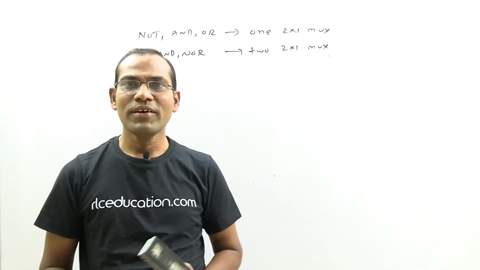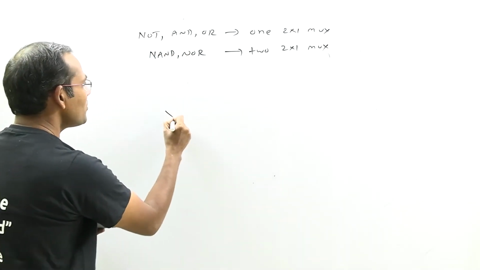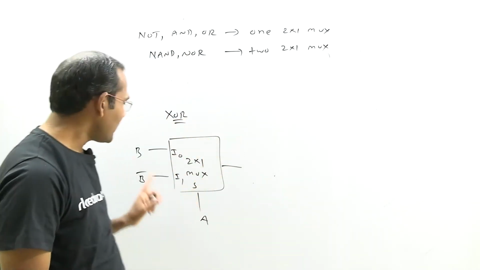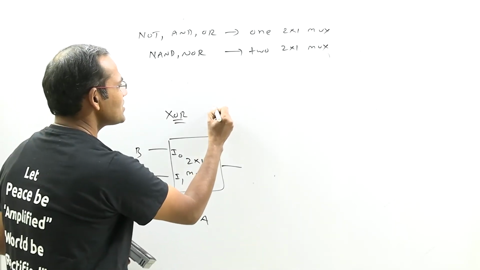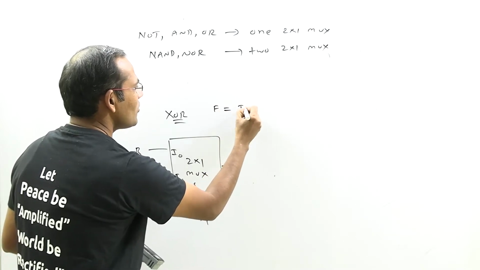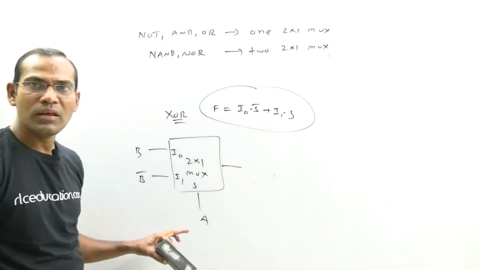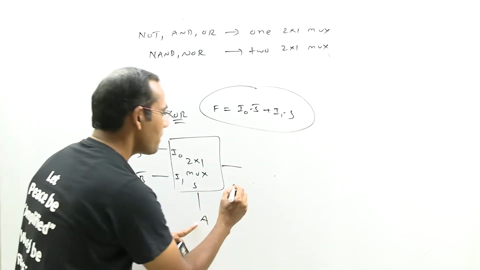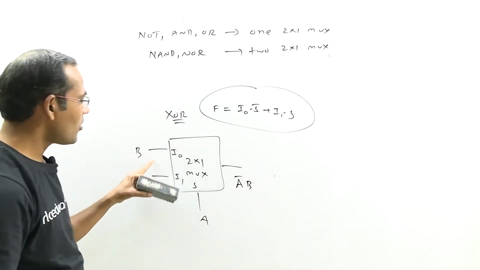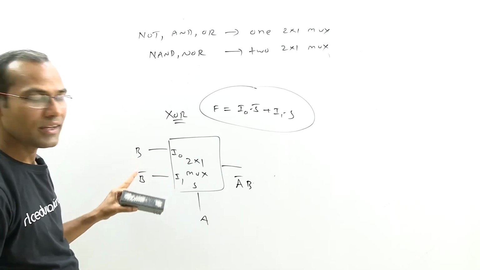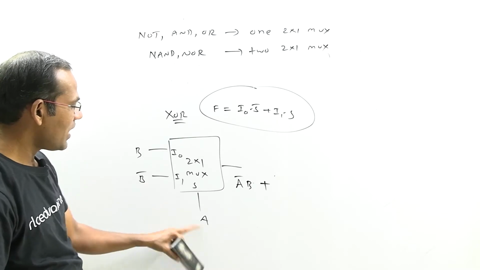Next we will see the design of XOR gate. XOR gate using 2 by 1 mux. Just connect like this. We know that the expression is always I0 into S bar plus I1 into S. Here S bar means A bar, I0 is B. I0 into S bar, so A bar B, plus I1 into S, so AB bar.